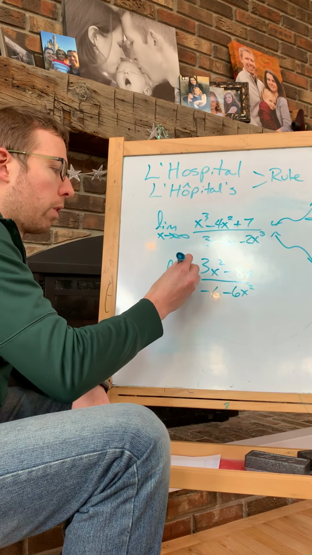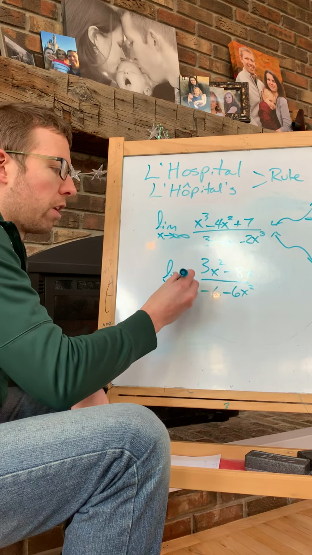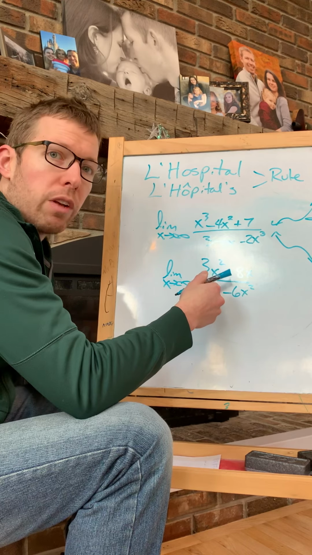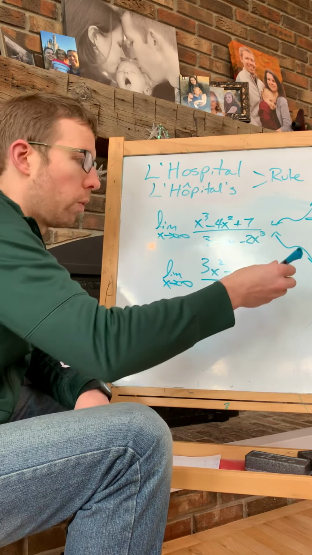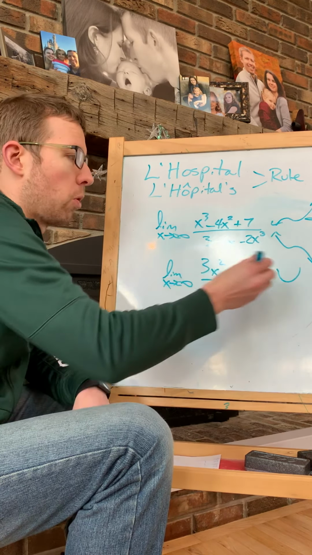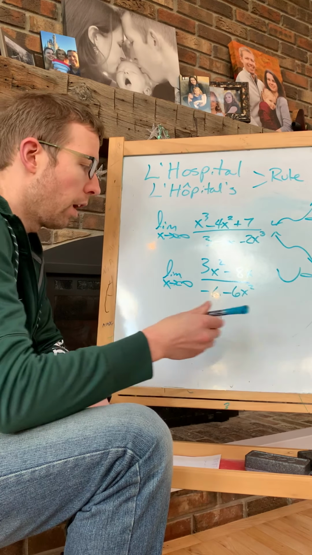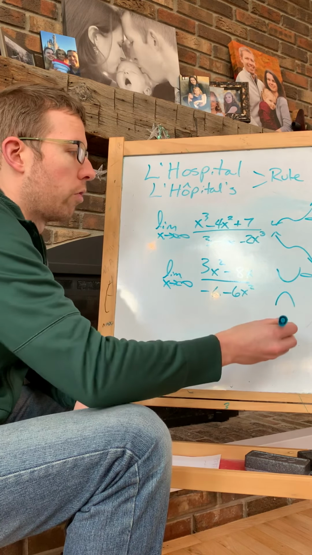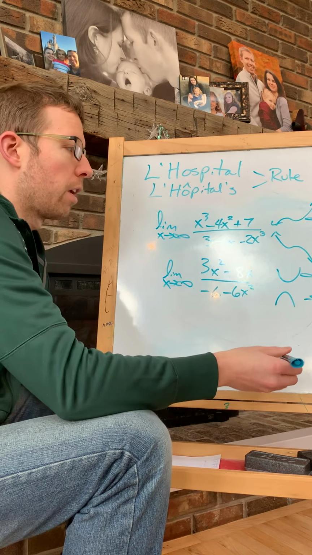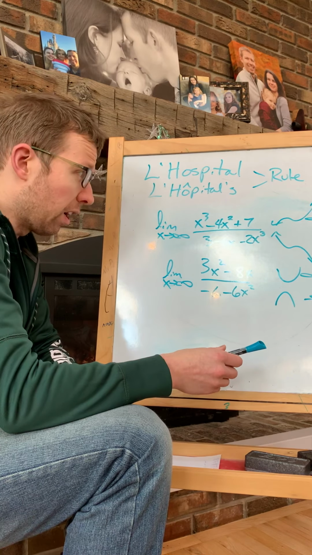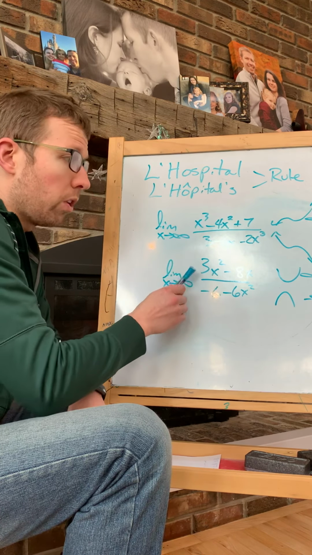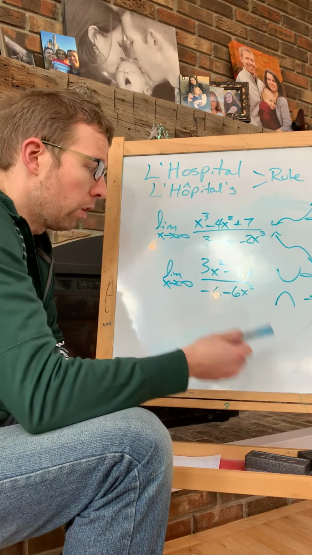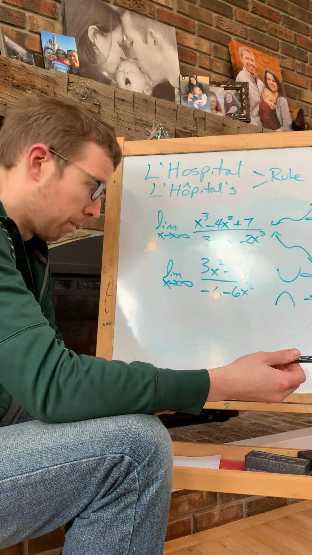Well, let's evaluate what the limit as x approaches infinity of this thing is going to be. 3x squared is a positive quadratic, so it's going to look like this, which means as x approaches infinity, this thing is going towards infinity. And as x approaches infinity in this thing, this is a negative quadratic, so this is going to approach negative infinity. So we now know that the limit of this thing should equal the limit of this thing, but we don't know what the limit of this thing is because we got a second indeterminate form. So we use L'Hopital's rule again.